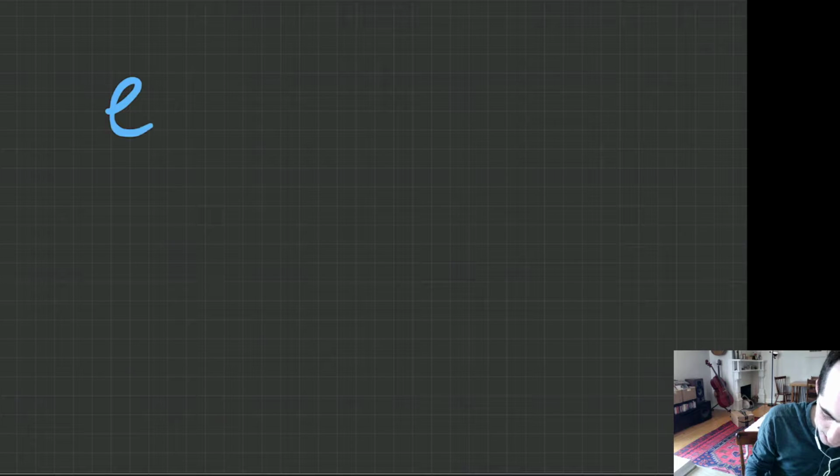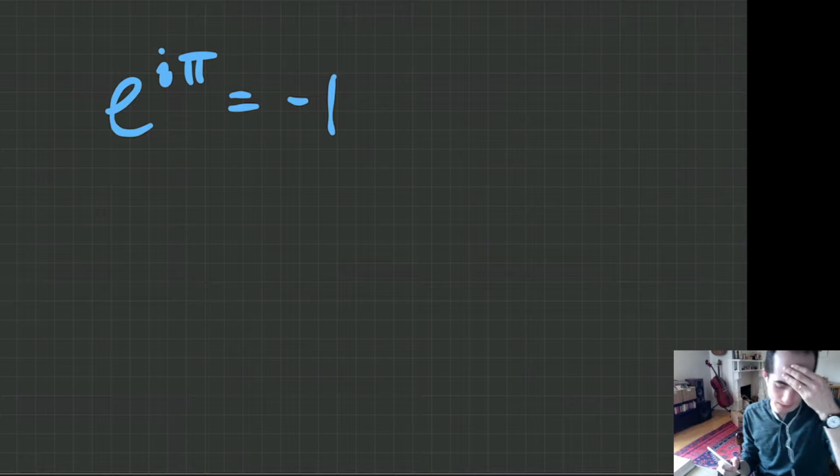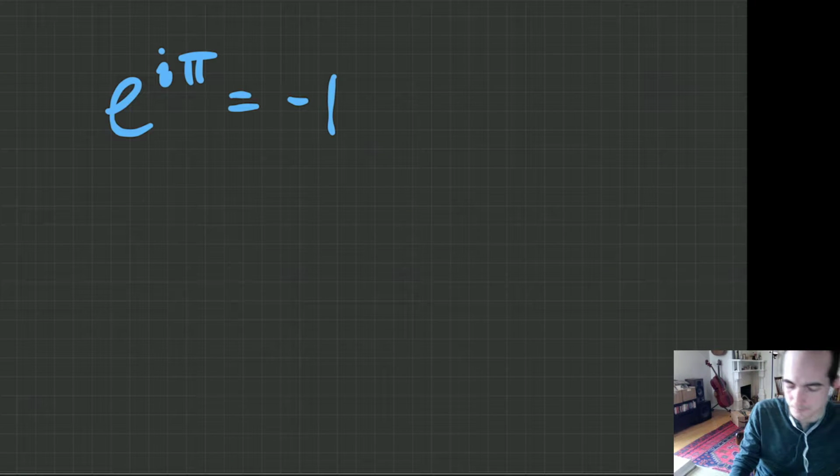And if you weren't sure what Euler's formula is, you may have seen before that e to the i pi is equal to -1, right? That's one expression of Euler's formula.